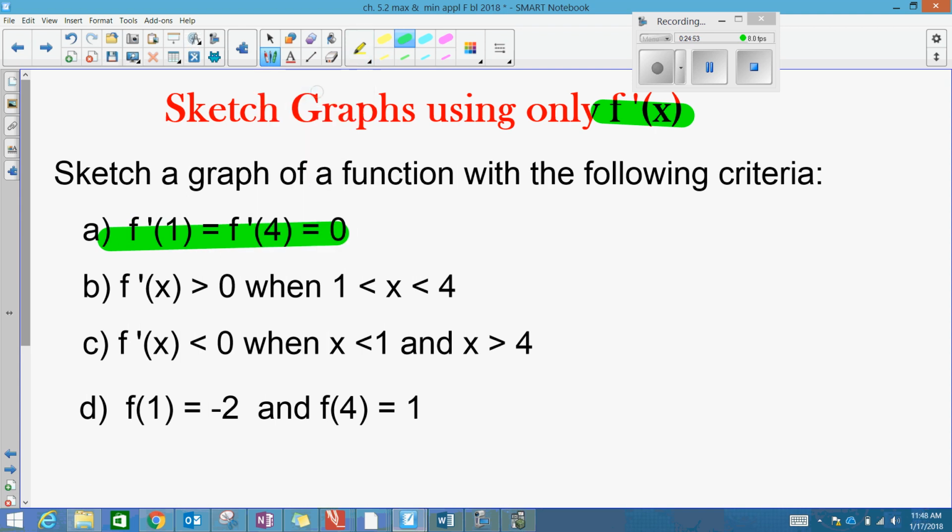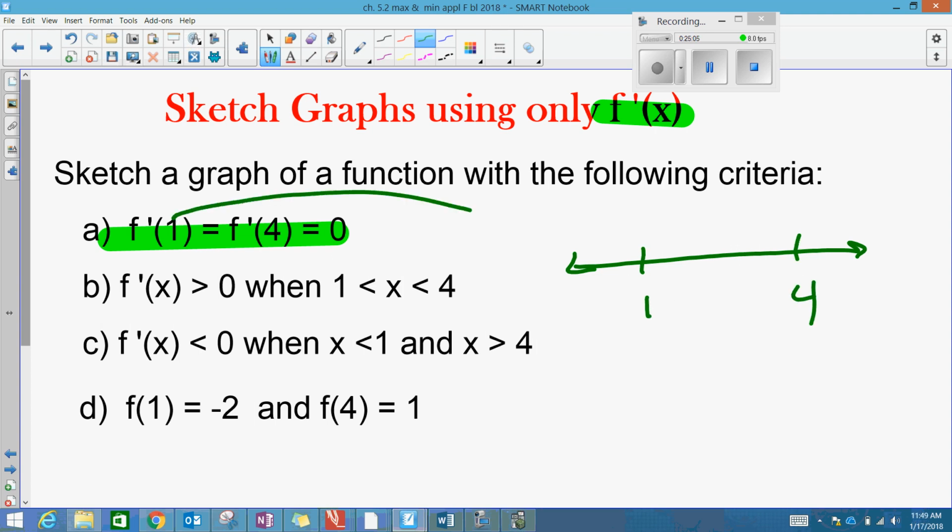So what can we do with this information? If 1 and 4 are the values that make the derivative 0, then we know that 1 and 4 are the critical numbers. So again, we're just using those values on our number line.